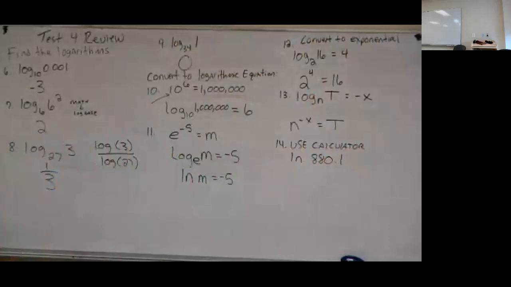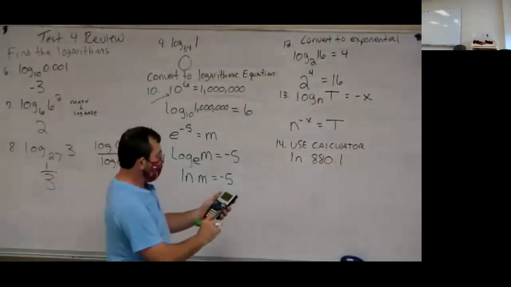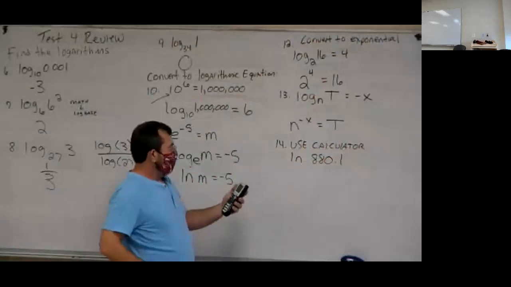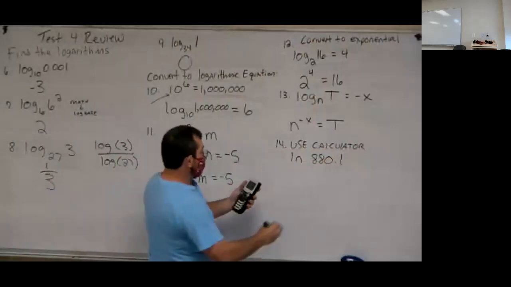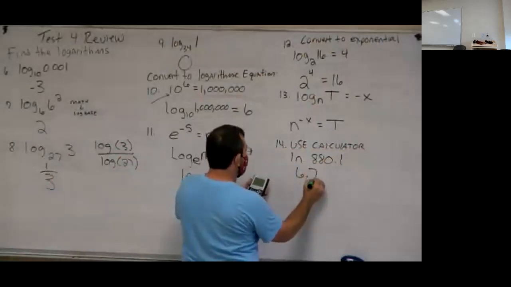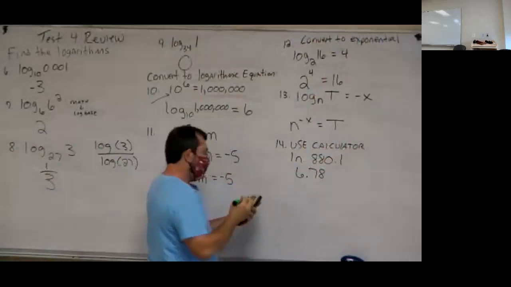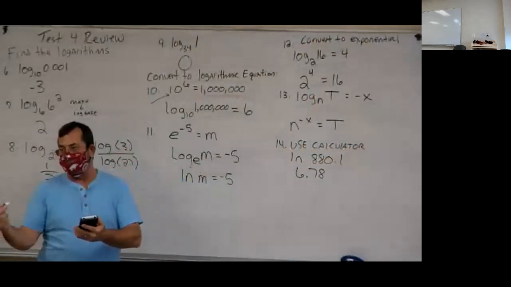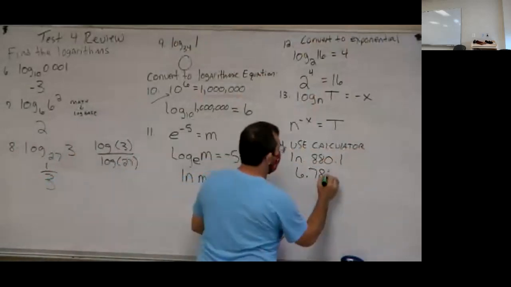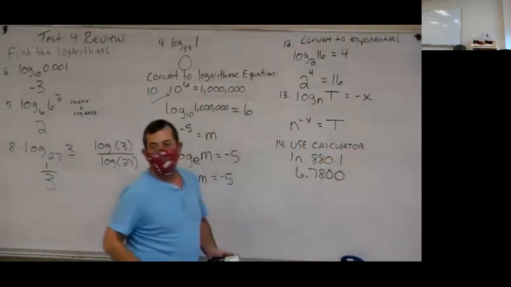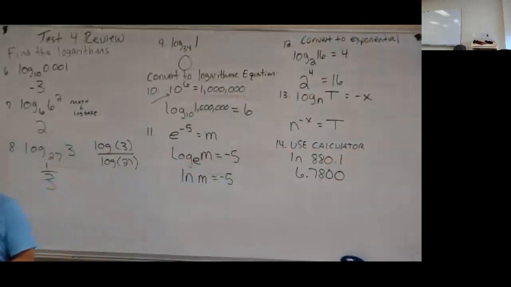You know, the LN, you can use the one right on the front of your calculator. So I'll punch in LN 880.1, enter. So 4 decimals after, I get 6.78, and then 003. And you're done. Okay.